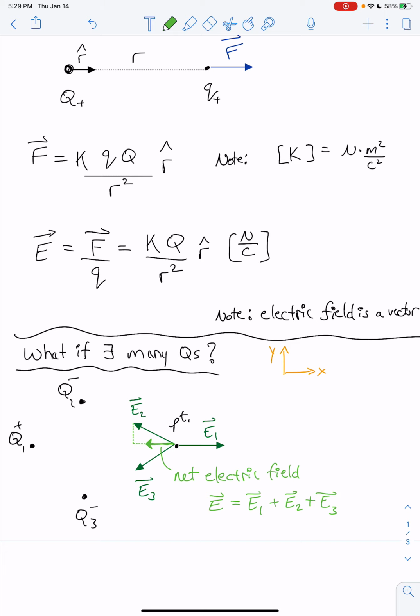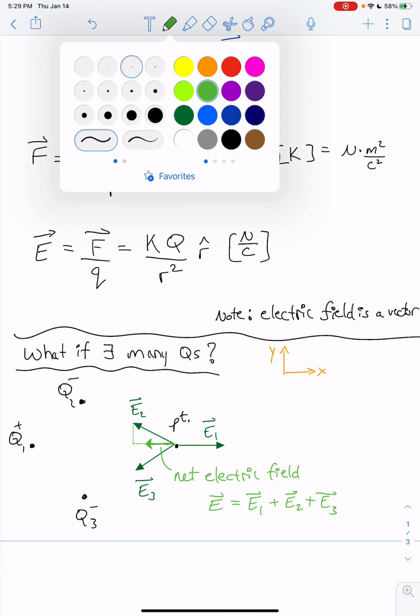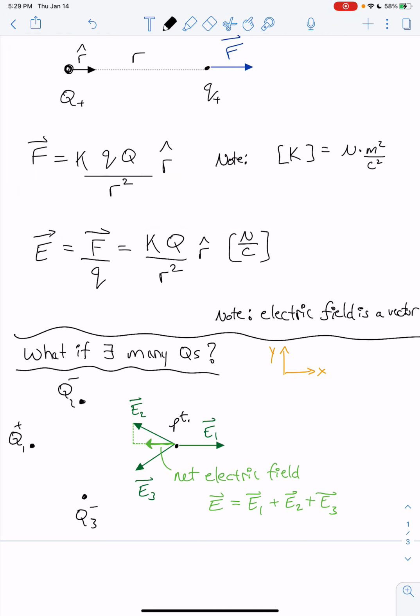So this is the superposition principle, where if you have multiple fields produced by multiple charges and you want to know the overall electric field at a point, you just add them all up.